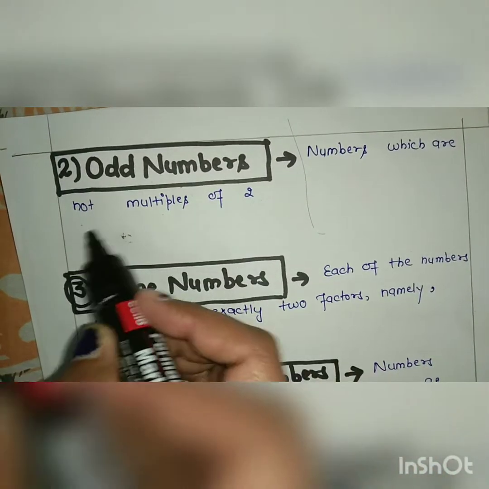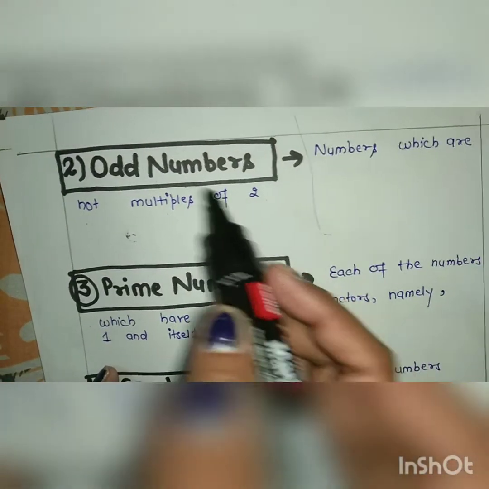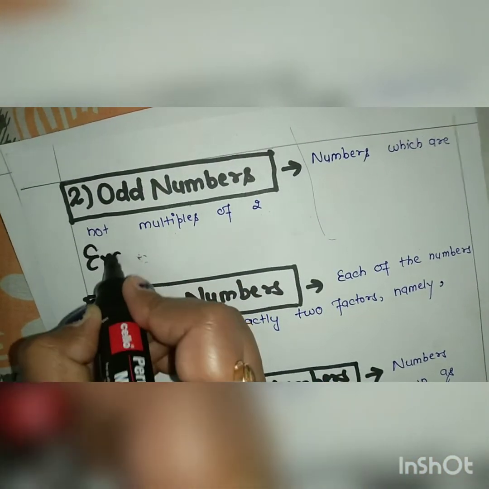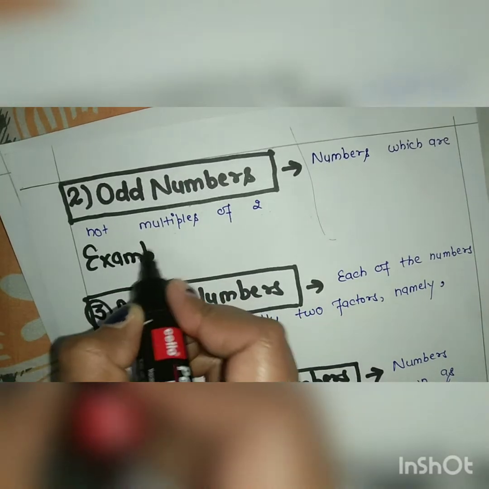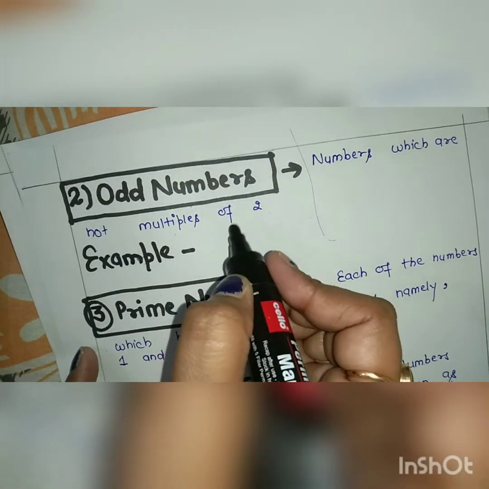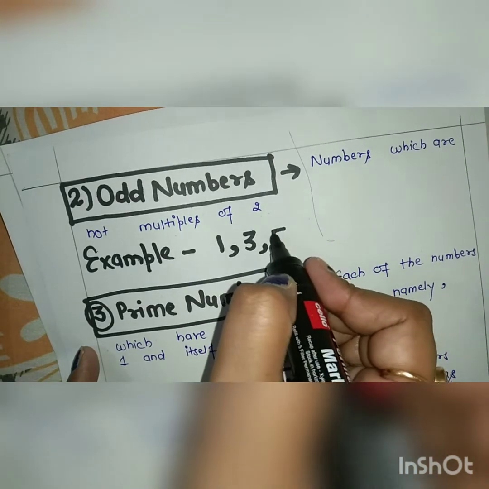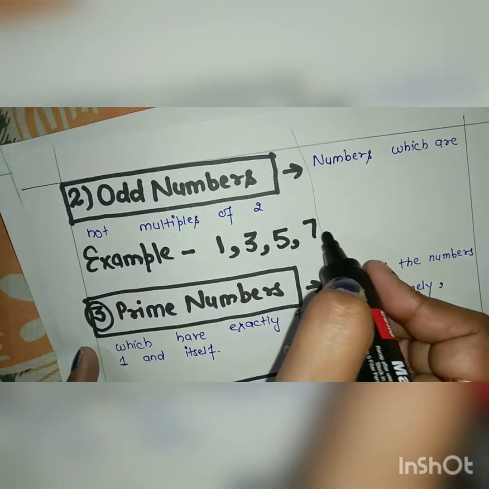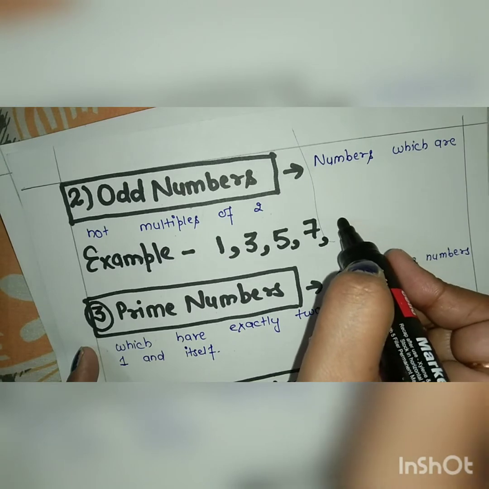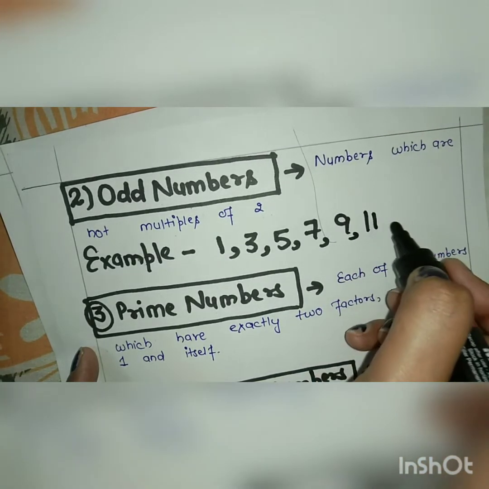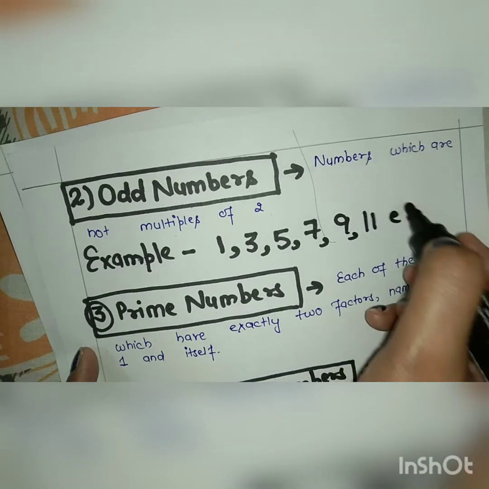Numbers which are not multiples of 2 are called odd numbers. For example, 1, 3, 5, 7, 9, 11, etc.